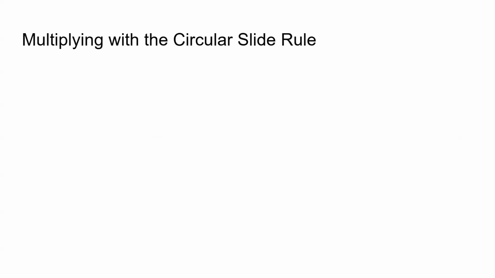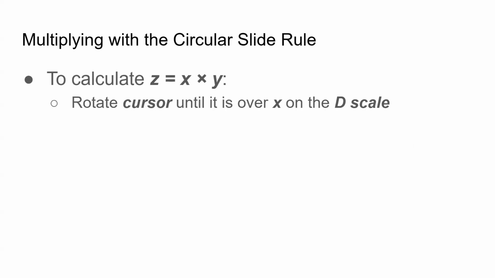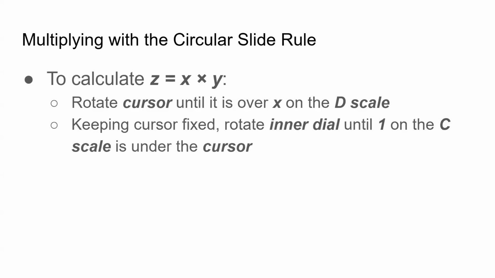Okay, so now let's return to multiplication using the circular slide rule. To calculate z equals x times y, we start with rotating the cursor until it's over x on the D scale. So that's my first operand, and again, that needs to be expressed in scientific notation. Then, while keeping the cursor fixed, I rotate the inner dial until the 1 on the C scale is under the cursor.